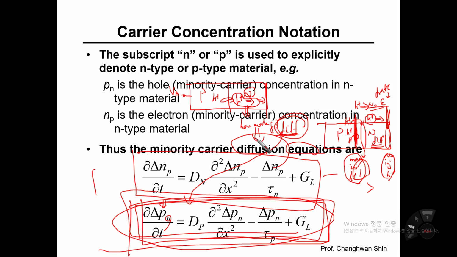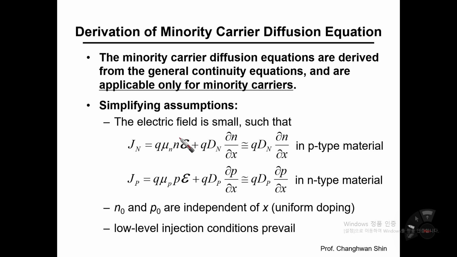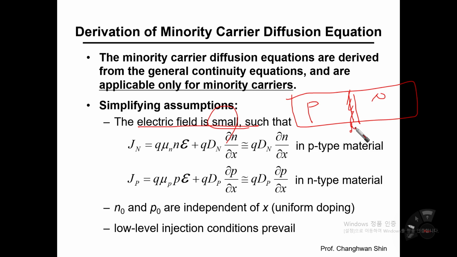The name is diffusion equation instead of drift equation. And now you may understand why minority carrier instead of majority carrier. Why minority carrier? Go back to the simplifying assumption here. Electric field is small. In the PN junction diode, there is a depletion region. Here and there, no electric field.